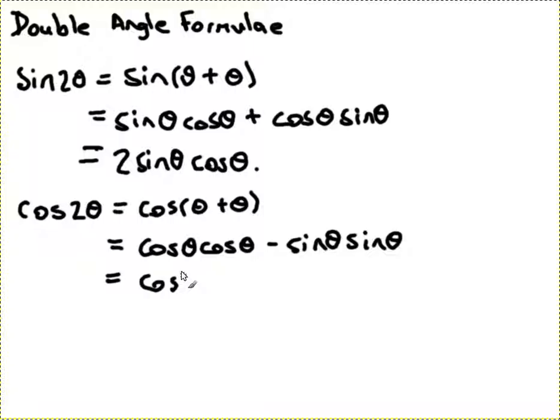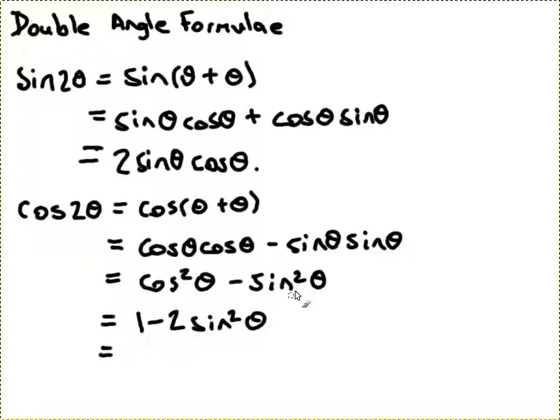That can of course be written as 1 minus 2 sine squared theta, or, because that is the same as 1 minus cos squared theta, 2 cos squared theta minus 1. And we've derived all of the double angle formulae for sine and cos.